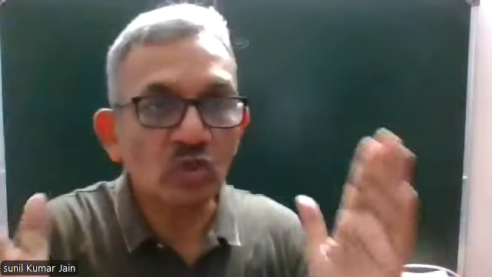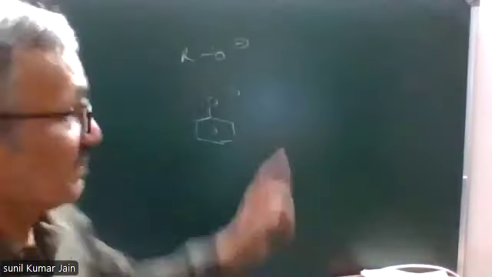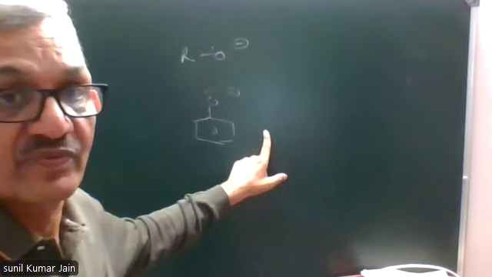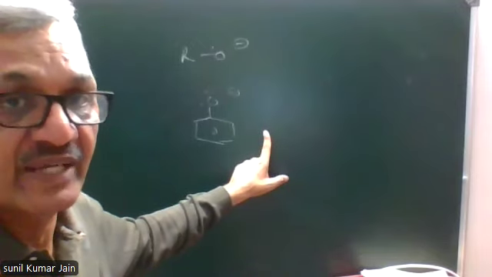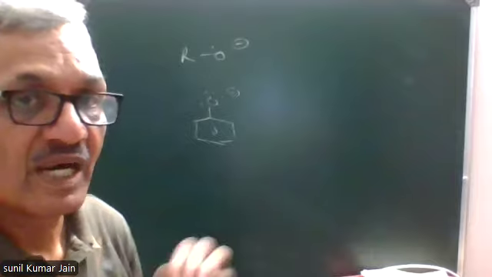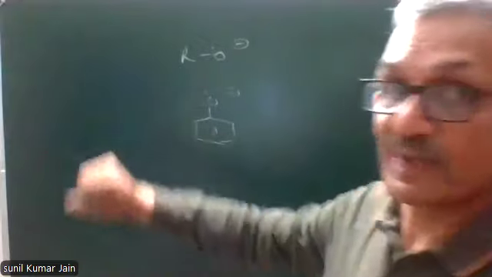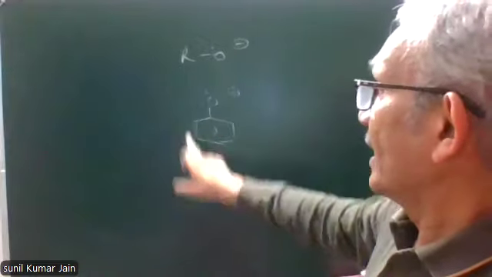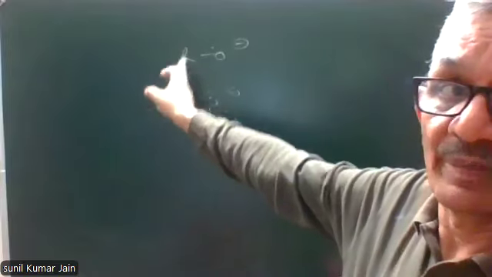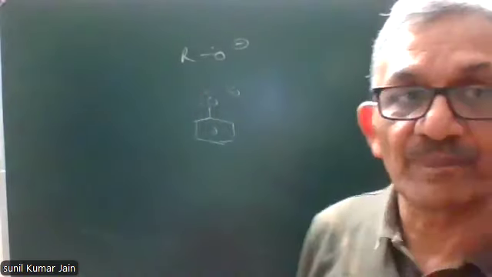How strongly acidic the alcohol or phenol will be can also be explained on the basis of stability of the ion formed after losing H plus ion. I'll repeat in other words. After losing H plus ion, how stable is the ion formed, alkoxide or the phenoxide ion?